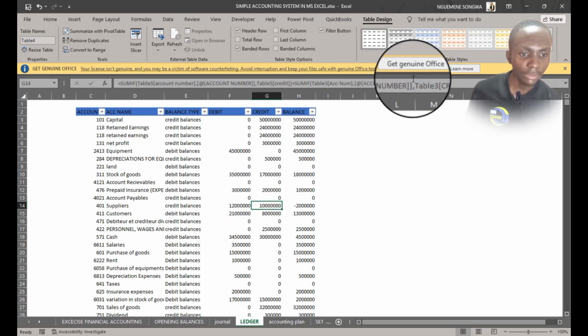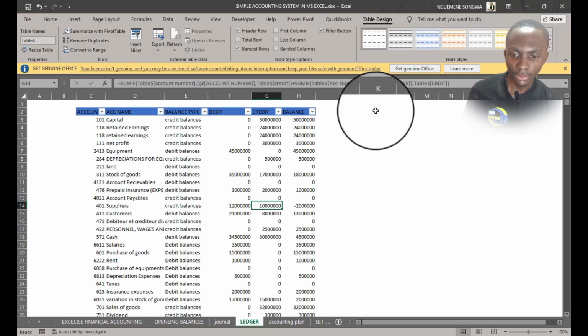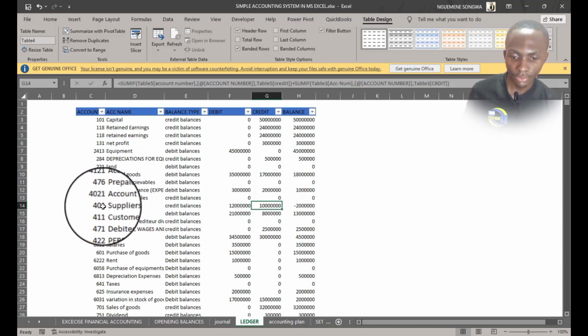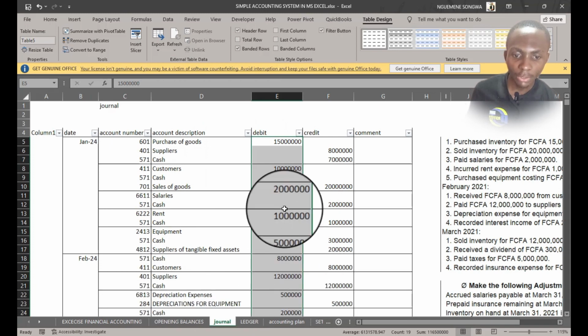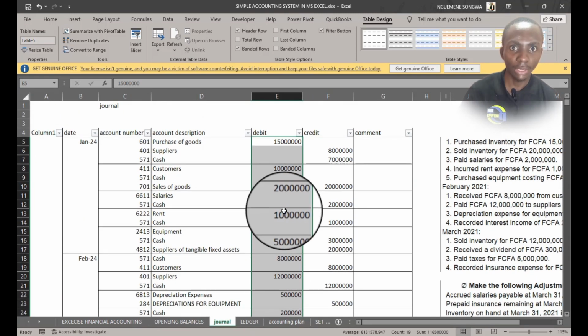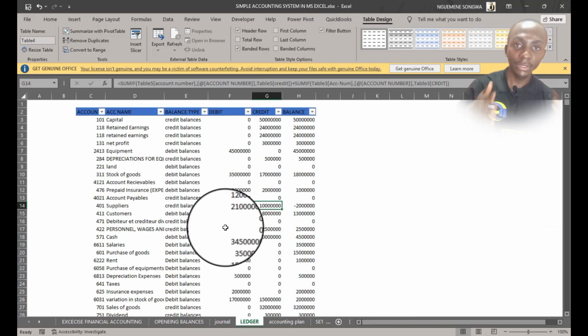So I'll just check in terms of a supplier how much was credited at the level of the journal. You see now it becomes complicated to interrogate individual accounts and to know exactly the different movements, because normally a ledger account is supposed to give all the detailed transactions of every account.